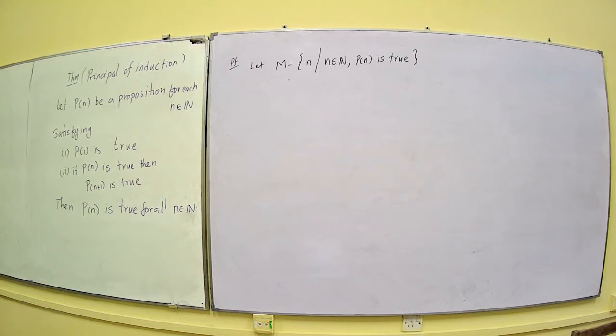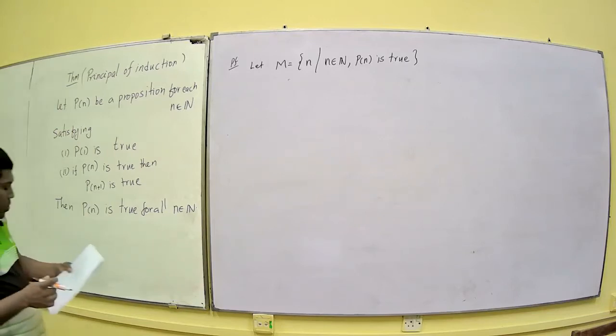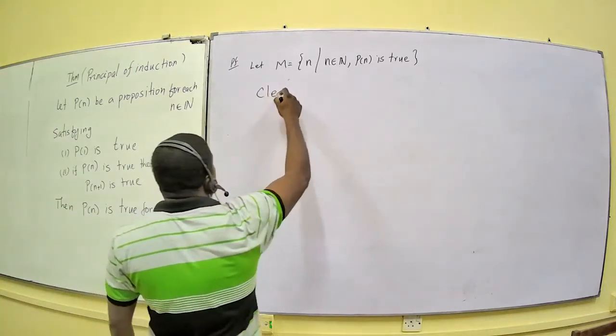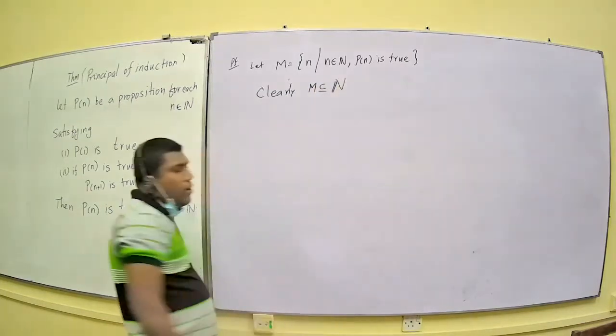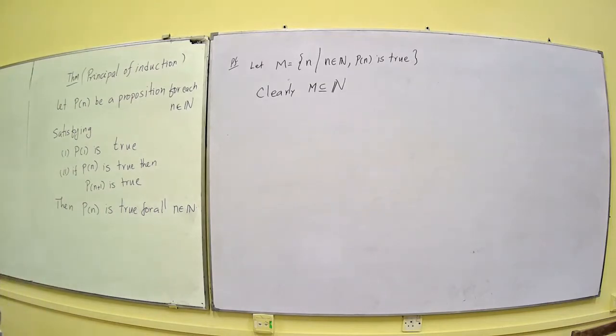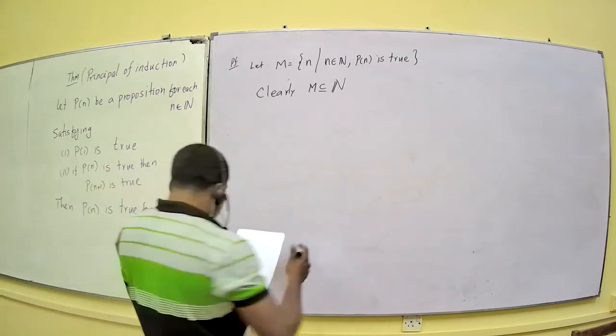The first thing we notice is that the set M is a subset of the natural numbers, because all the elements come from the natural number set. Now we will try to show that it is an inductive set.